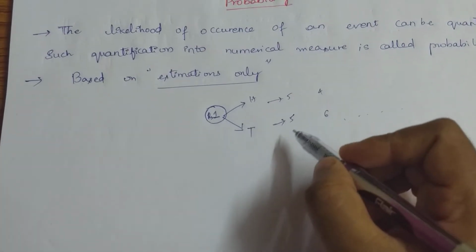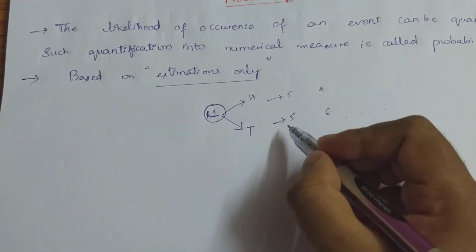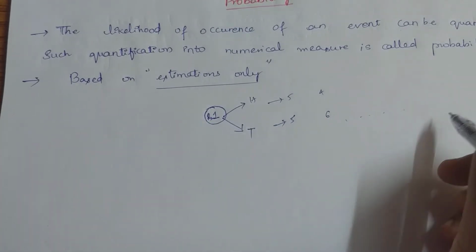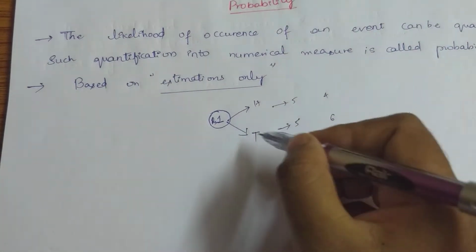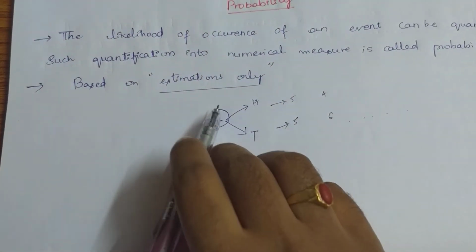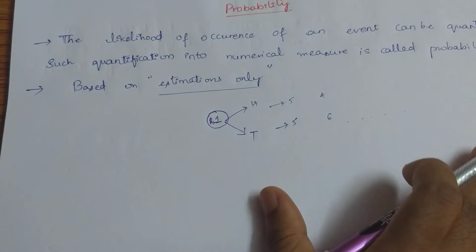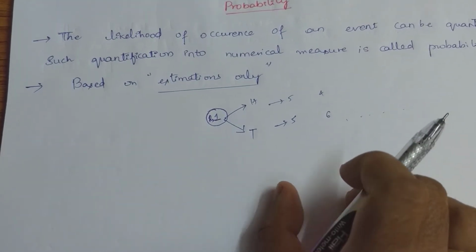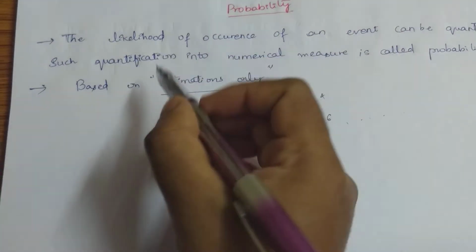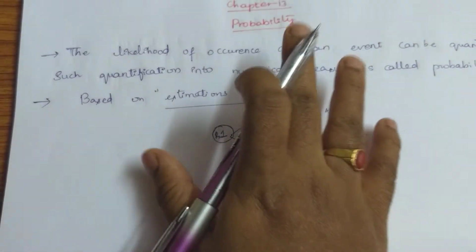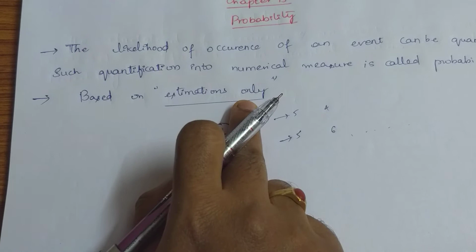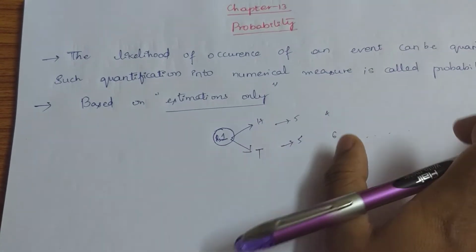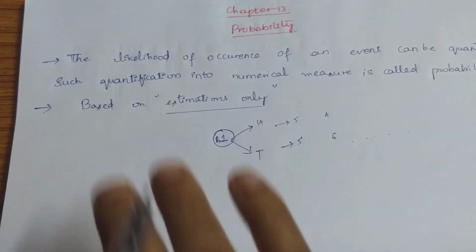There is no necessity that you'll get the same outcome every time you perform the experiment. So this probability is based on estimations only. Once you do the actual experiment, the outcome may be different. That's why whatever probability we make is based on assumption, estimation. Actual is different from the estimation.